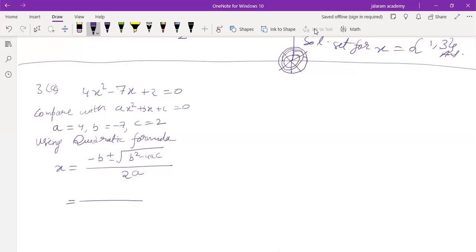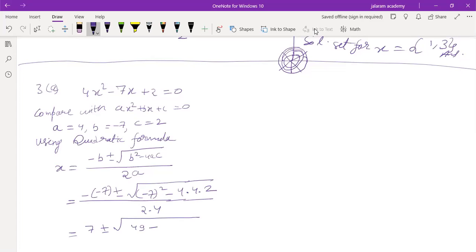X equals minus value of b, which is minus 7, plus minus root of b square, minus 7 whole square, minus 4 into a which is 4 into c which is 2, upon 2 into 4, equals minus of minus 7 is 7 plus minus square root of 49 minus 4 fours are 16, 2 is 32, upon 8.